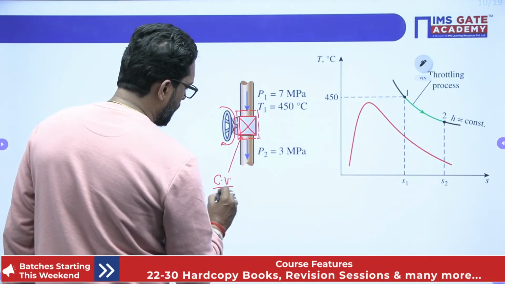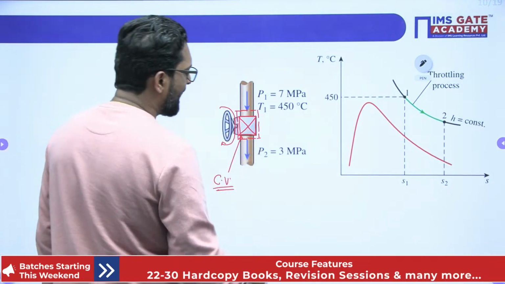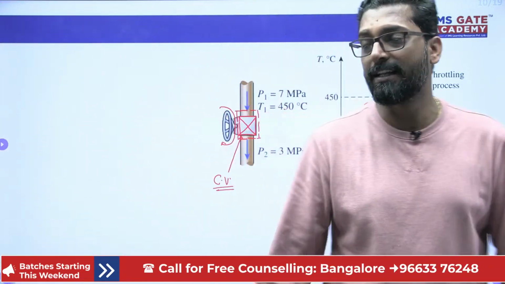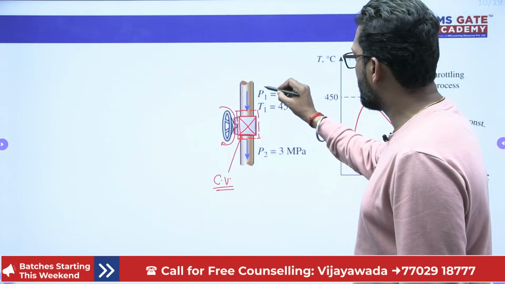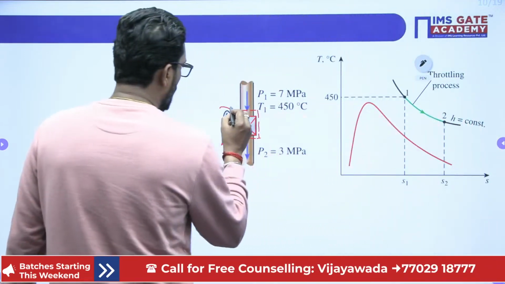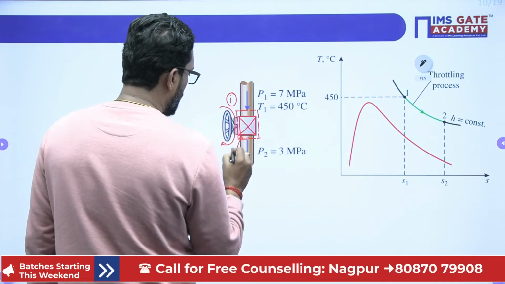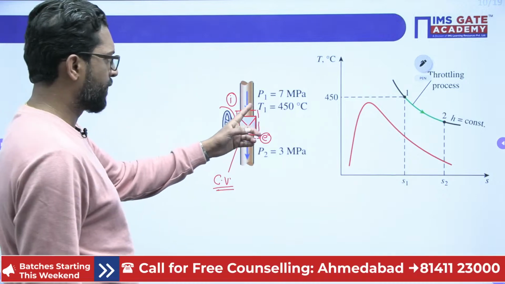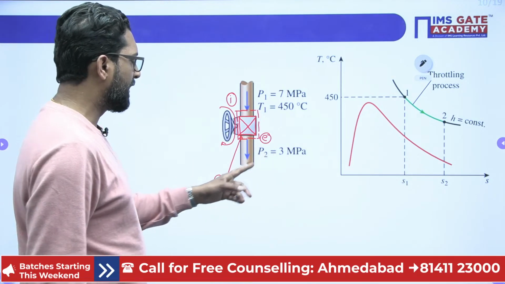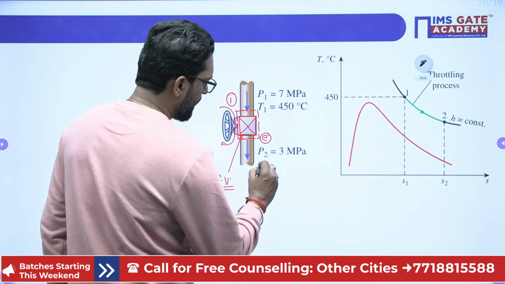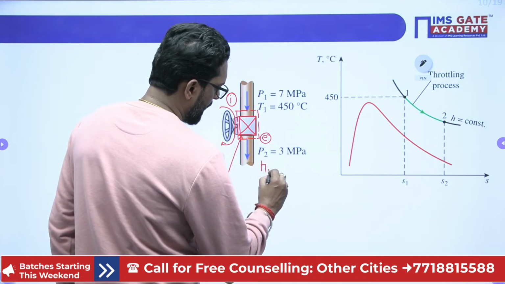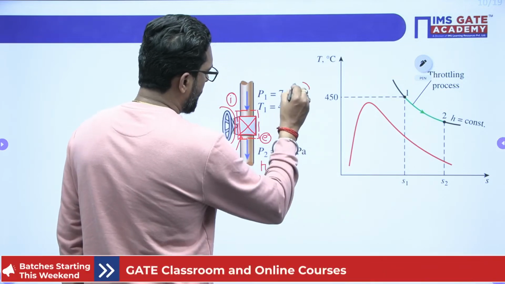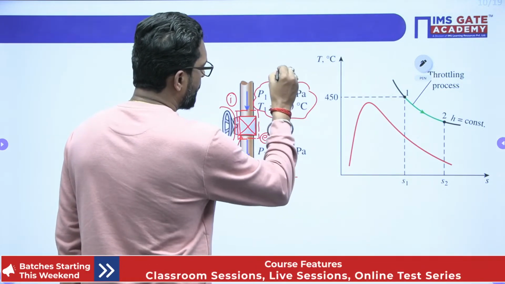If we reduce the area of the passage, pressure will decrease. So initially this is the fluid in, and this is your exit. Fluid comes in at pressure P1 and temperature T1, and exits at pressure P2 with enthalpy H2, and that H2 is equal to H1. From this table, we already know the value of enthalpy H1.